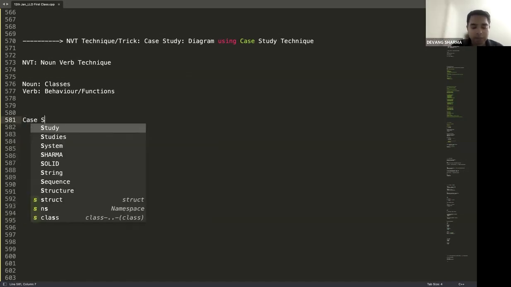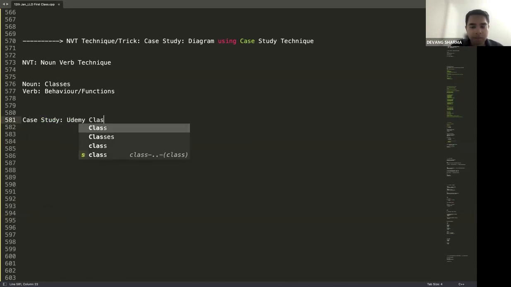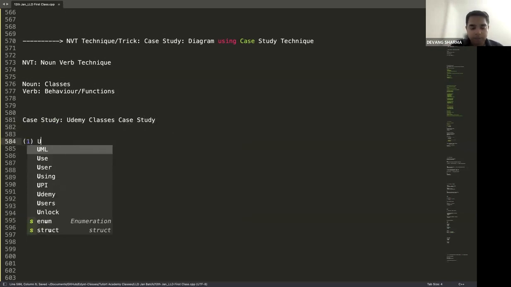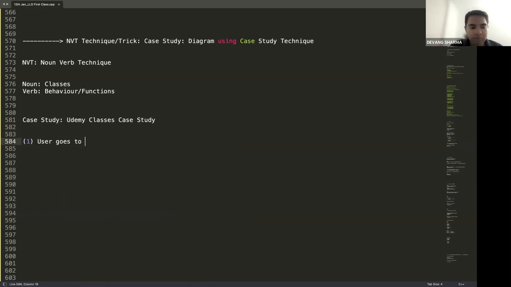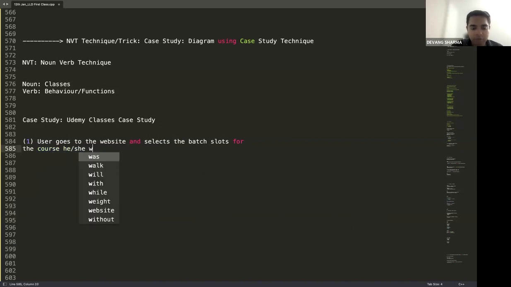So start with a case study. I'm keeping that case study as, let's say, a Udemy classes case study. Let's verify with this. Number one, a user goes to the website and selects the batch slots for the course he or she wants.